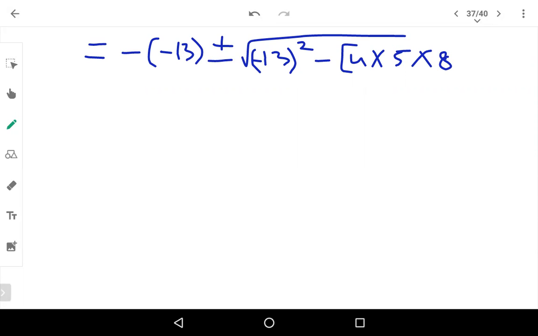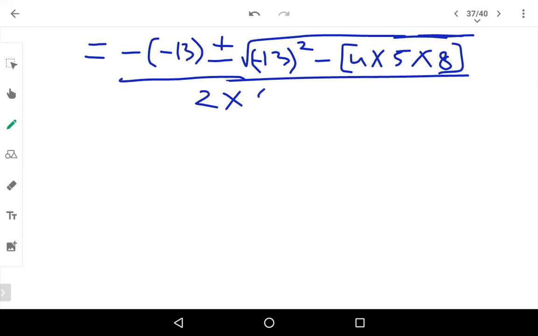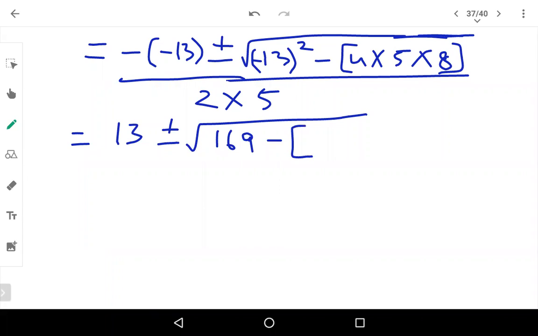Correct? Divided by, whole divided. Be careful with this division part. Sometimes you'll only put the division for this. That is wrong. You have to put the division sign for the whole of the problem. So it is whole divided by 2 into a is 5. So here if you see, you will have minus of minus 13 is plus 13, plus or minus 13 square is 169 minus 4 into 5 into 8.